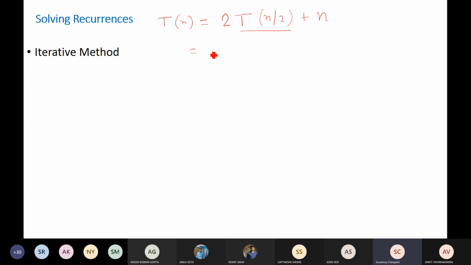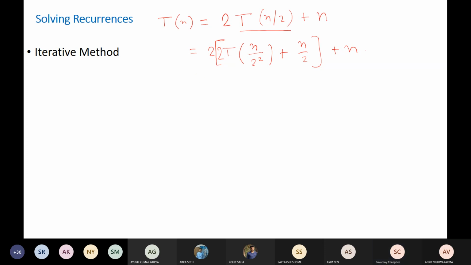So it equals 2T(n/2) plus n, and if T(n) is 2T(n/2), then T(n/2) will be 2T(n/2^2) plus n/2, plus n.